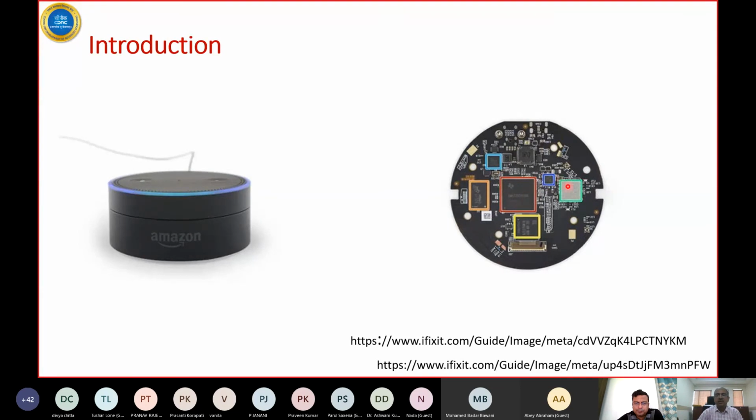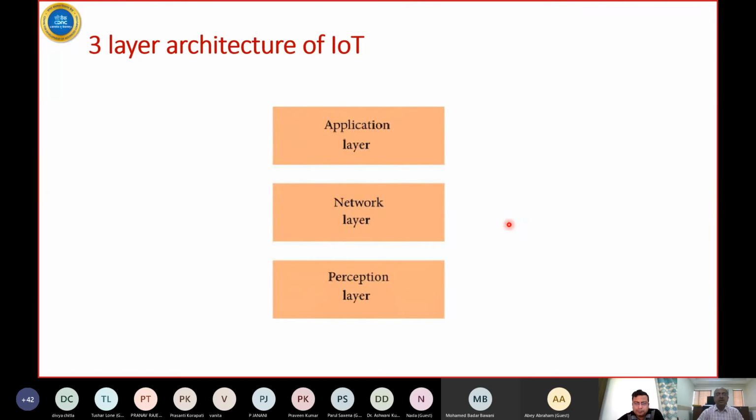So these chips that are shown here, some of them are connected using the kind of buses that I am going to describe. If you look at the overall architecture of IoT, there is a three-layer architecture, there is a five-layer architecture. Various books give various types of architectures, but the perception layer is common.